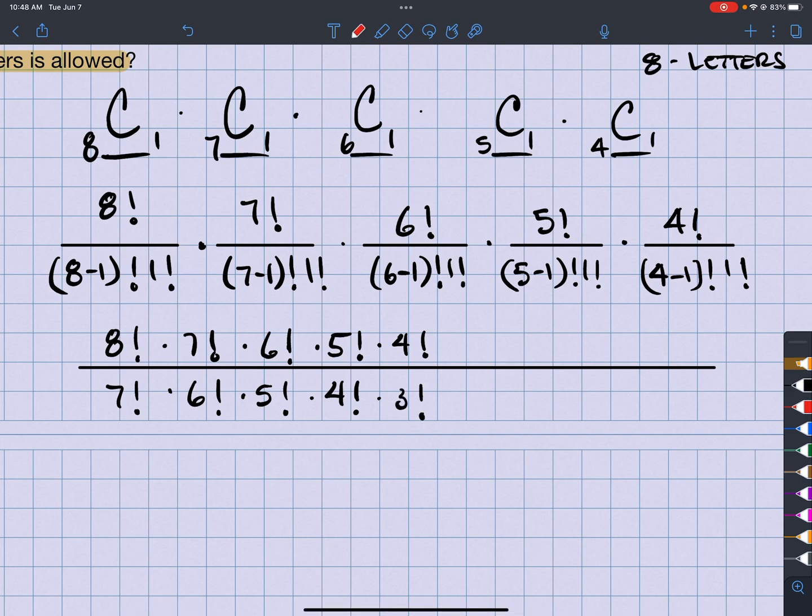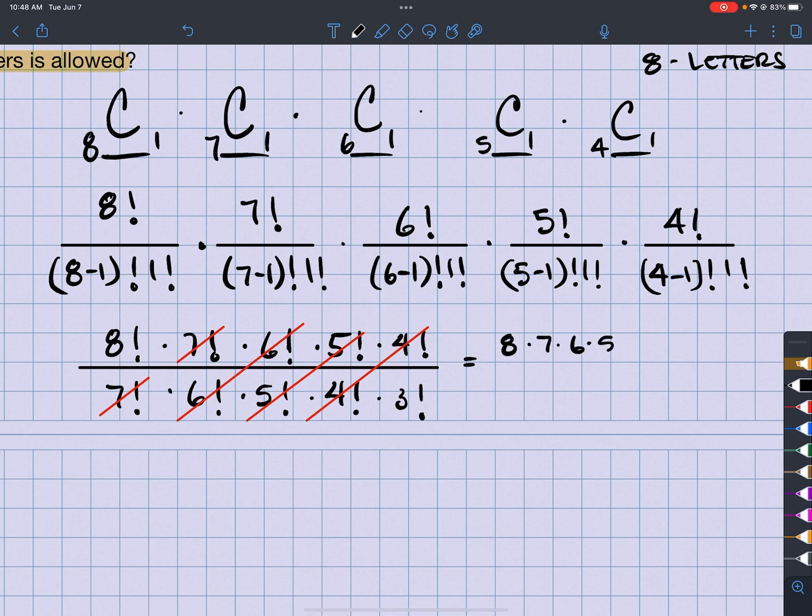And what do you notice? So what I have now is 8 times 7 times 6 times 5 times 4 times 3 factorial over this 3 factorial. So that can cancel as well.